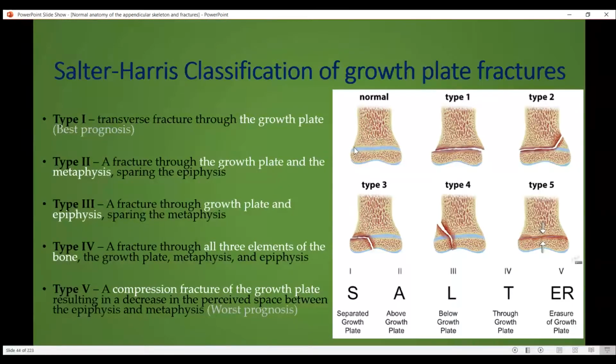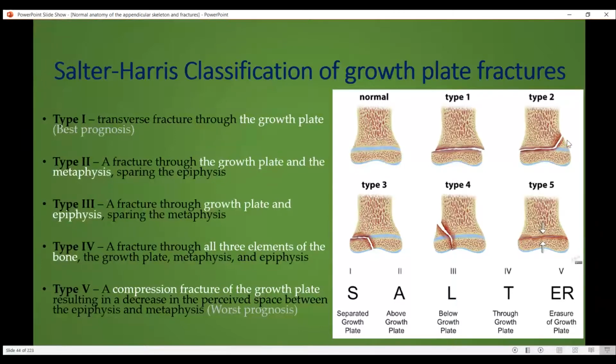If only this one is fractured, it is called Salter-Harris type 1. So only the growth plate is involved. But if the growth plate is involved along with the metaphysis as well, you see here, this is the growth plate that has been broken, but some part of the metaphysis is also involved here.